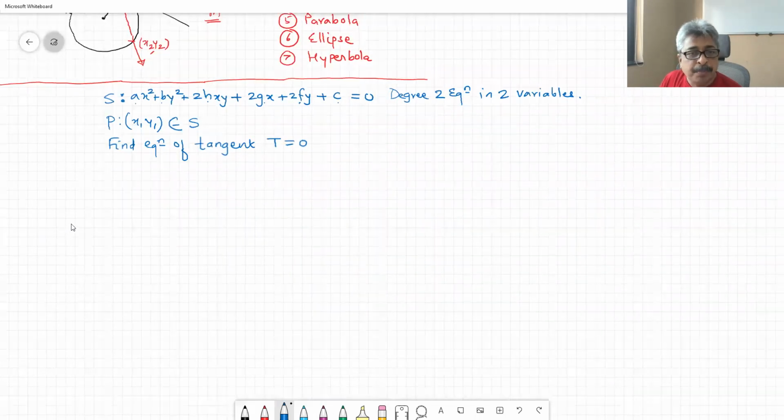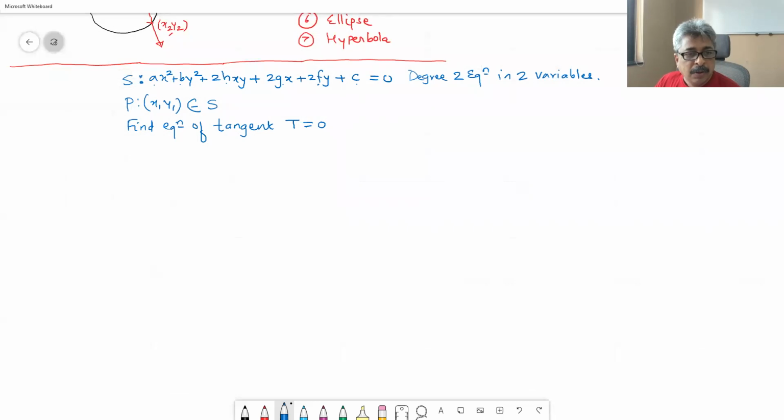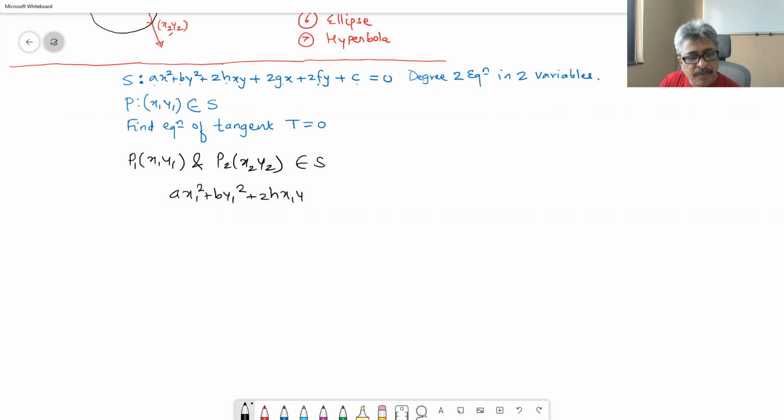Okay. The idea is to put, let us call P1 (x1, y1) and P2 (x2, y2), both belong to S. Therefore, they satisfy the equation, and hence ax1 square plus by1 square plus 2hx1y1 plus 2gx1 plus 2fy1 plus c is equal to 0.